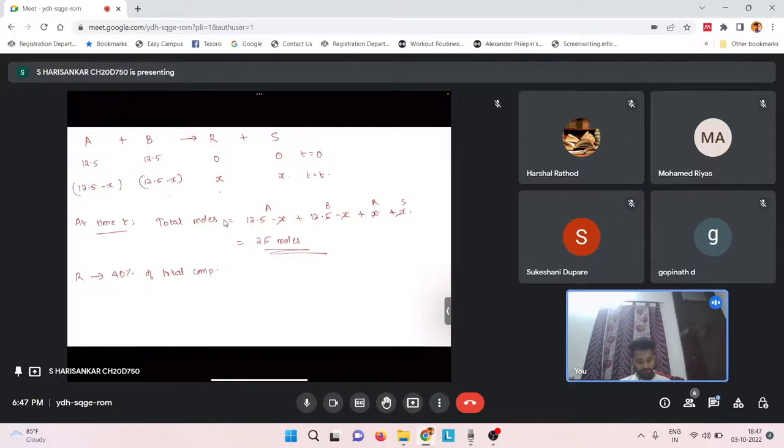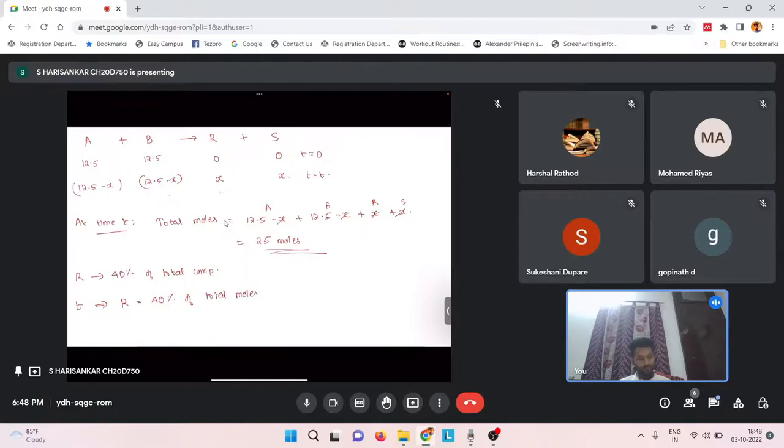So the condensing time, this T, will be when R is equal to 40% of total moles. Right? So when R reaches 40% of this total moles, we'll have our time T, which we need to calculate here. Fine.